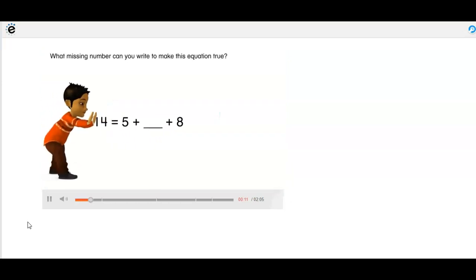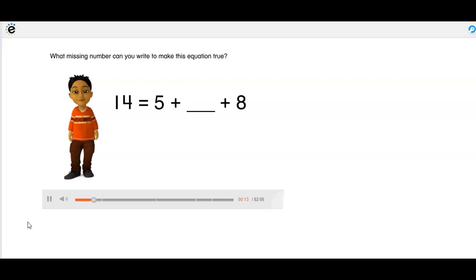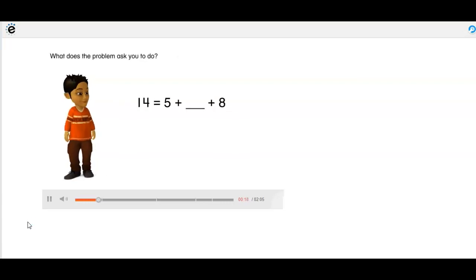What missing number can you write to make this equation true? What does the problem ask you to do? Well, to make a true equation, we know that both numbers on each side of the equal sign must equal the same number.